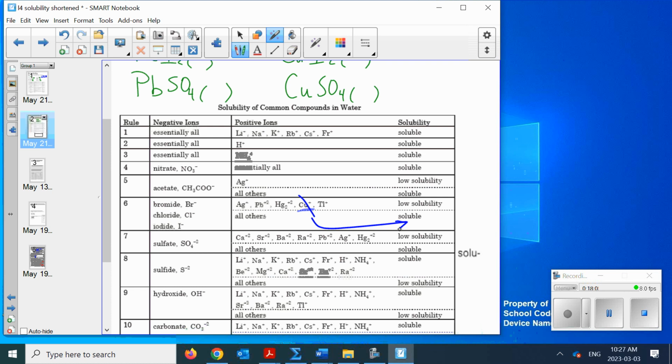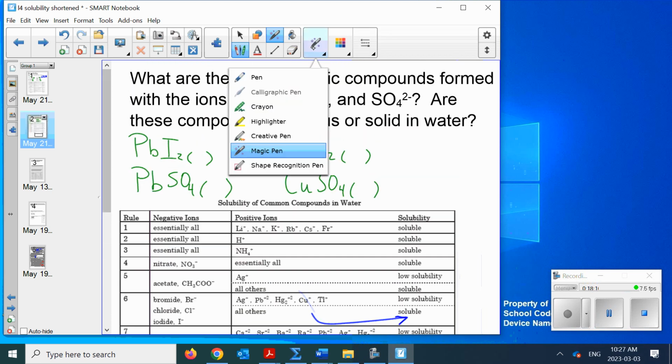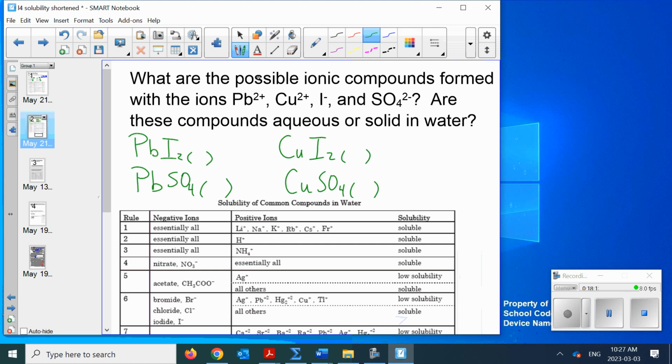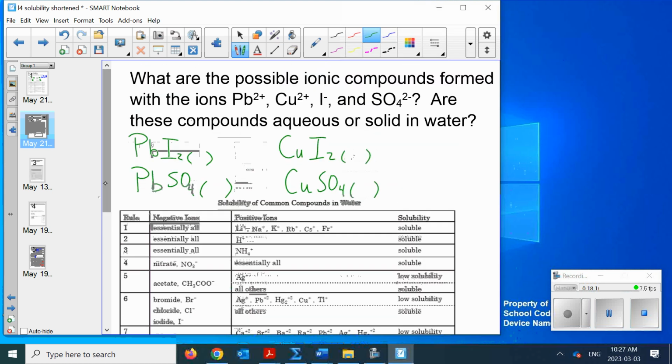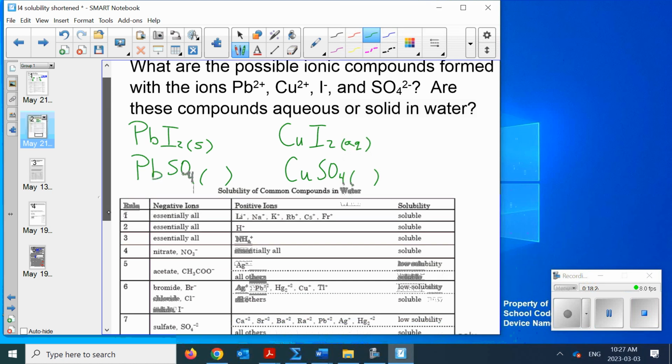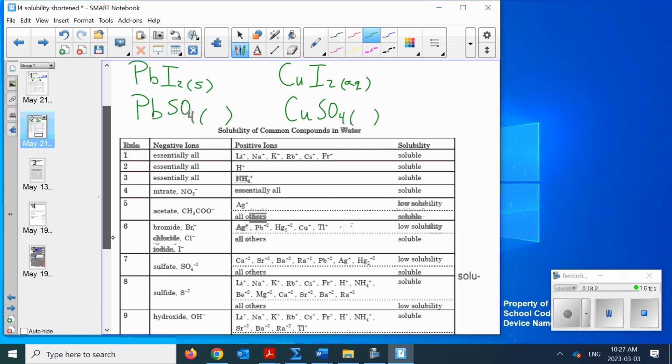Right? I want to show you one where it's different. Well, let's just jump this in. We said that lead belongs to the solid. Let's check out the sulfate category. Sulfate is the 7th rule.